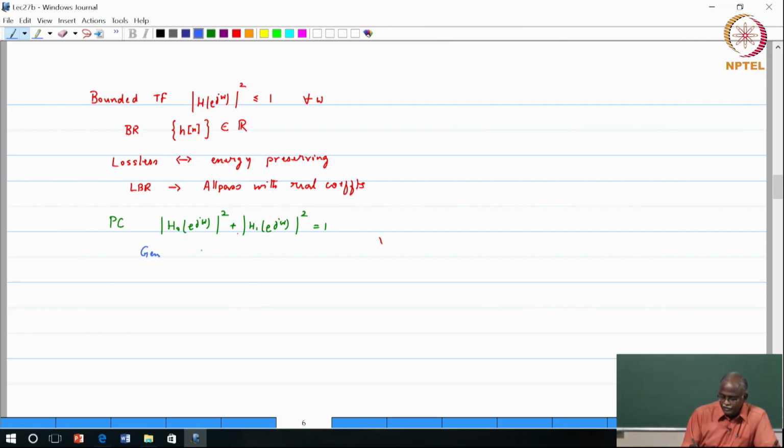The general case says summation k equal to 0 to M minus 1 of |H_k(e^{j omega})| squared equal to 1. You have a set of transfer functions which, and we made the following observation that if you have, okay, when we come to that we will discuss. Basically, Mth band filters give us a way to satisfy these types of conditions, but we will come to that in a minute.